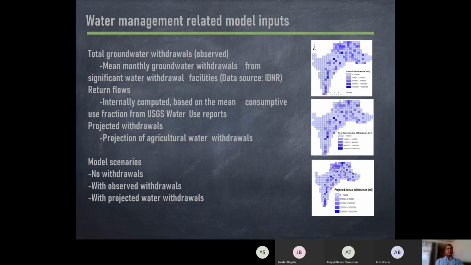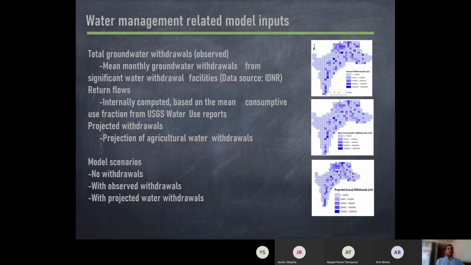Okay. Then I have some water management related model inputs. Okay. I talked about the water withdrawals. So how do I incorporate that into this modeling system? Because this is a grid-based modeling system. What do I do? There is information from the Indiana Department of Natural Resources, that's IDNR. They have the data for mean monthly groundwater withdrawals.